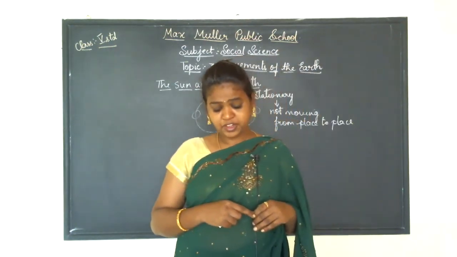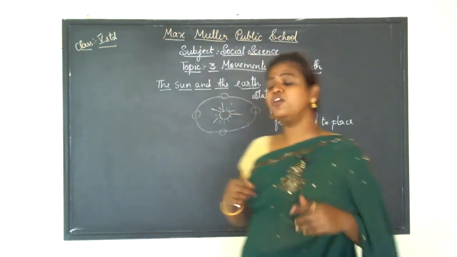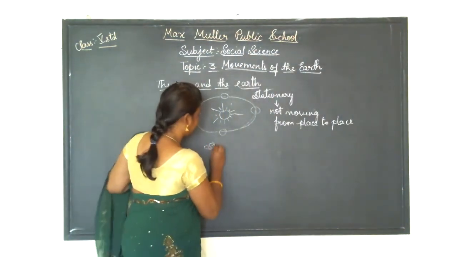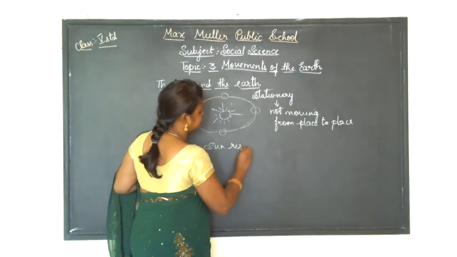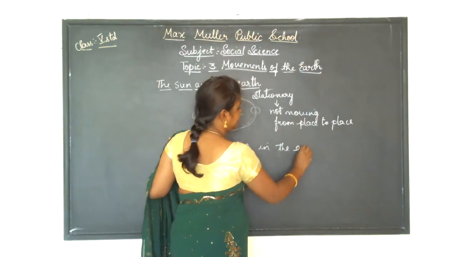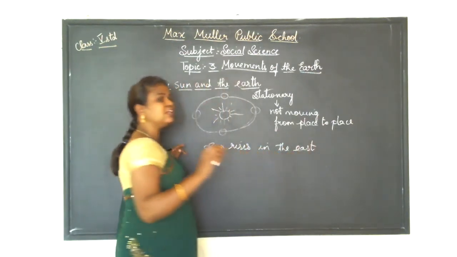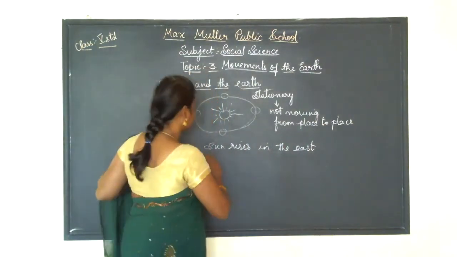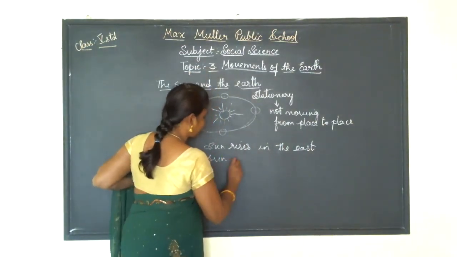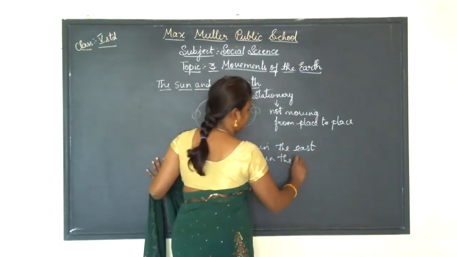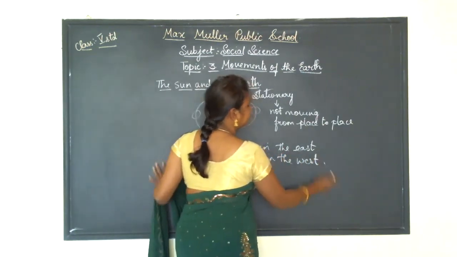And even you all know that the sun rises in the east. So you all know that in the east direction the sun rises, and the sun sets in the west.